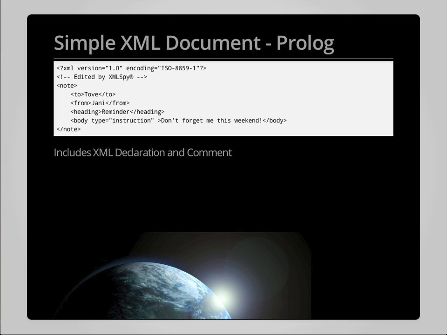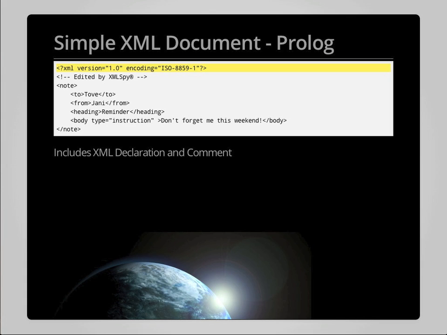So the first thing you're going to see in an XML file is some amount of information in the top of the XML file that at the very least is going to include an XML declaration and may include one or more comments related to that document.